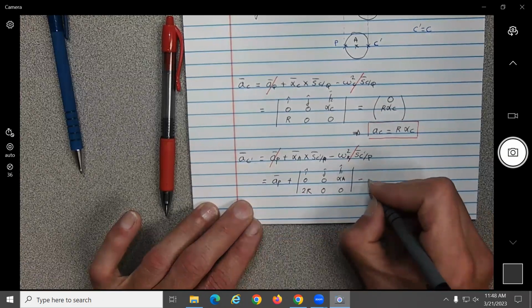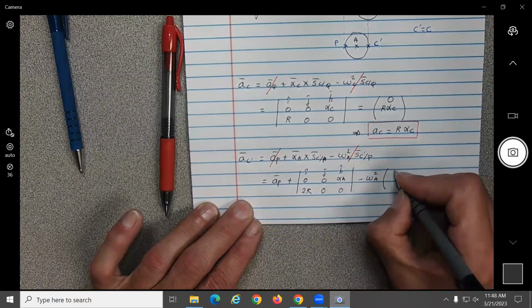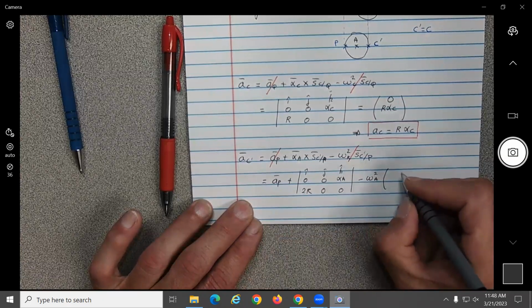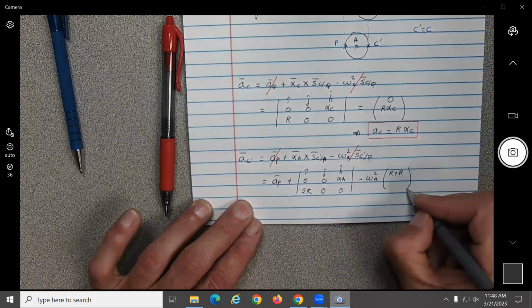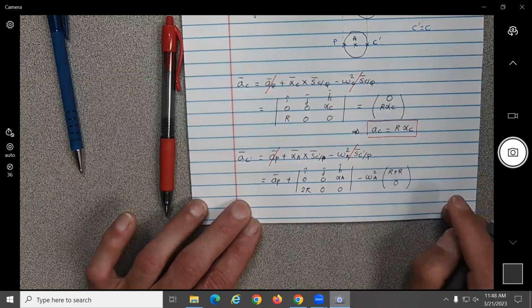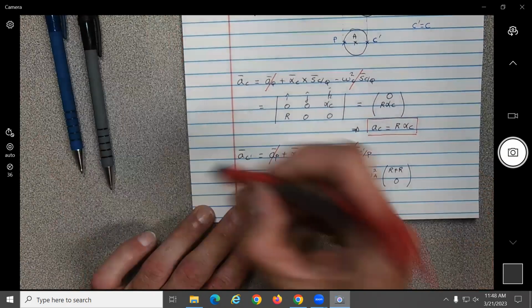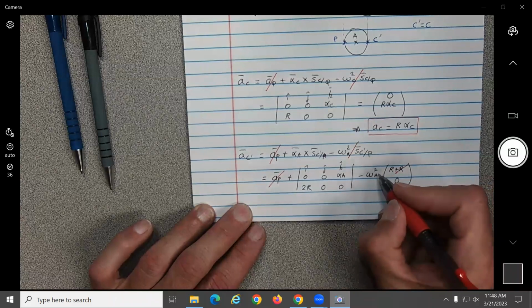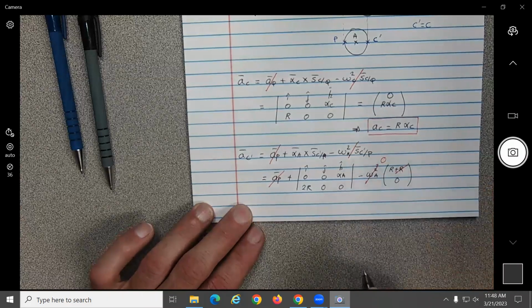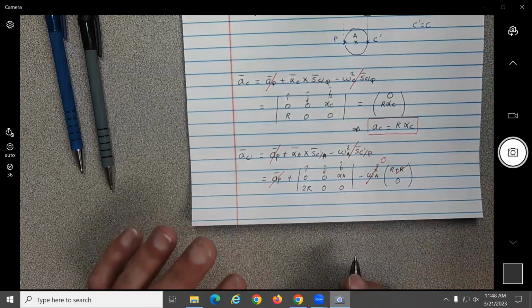And then here you're going to have minus omega squared A of R plus R, 0. Correct. So something like that. And then here this will really cancel just one, and you put over here 0. And then you show me that you are mastering this.